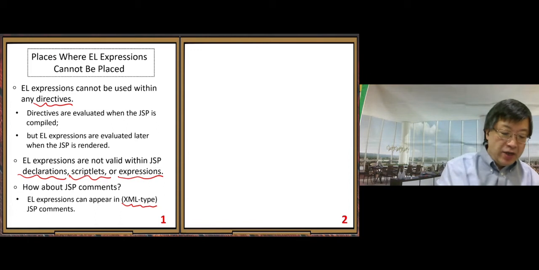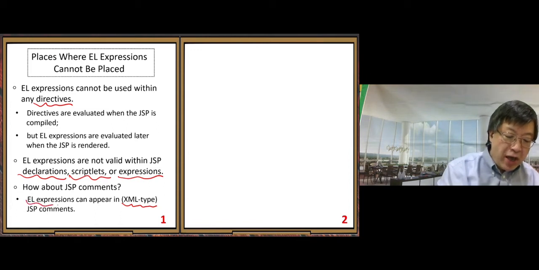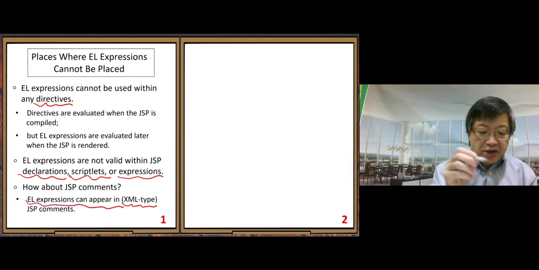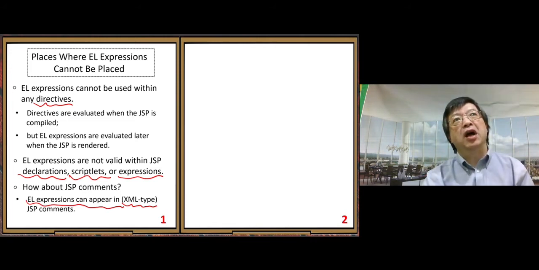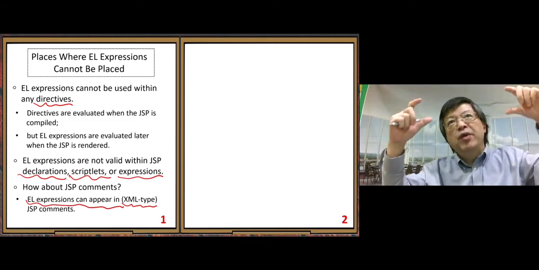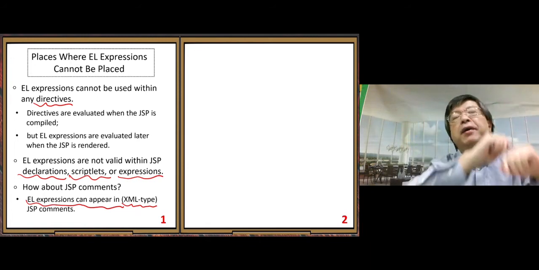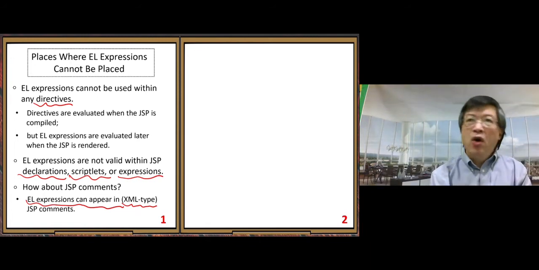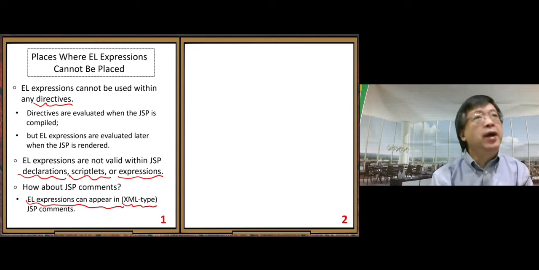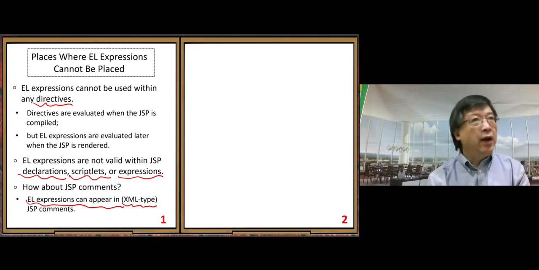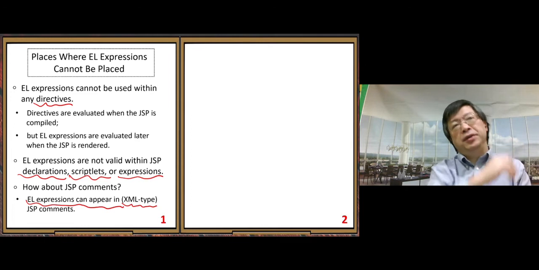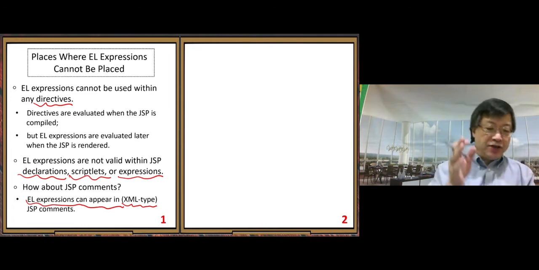So EL expressions can appear in XML type JSP comments. In that comment, we want to put some dynamic data, not static. Static, we don't need to use EL, but you may want to put some dynamic data, right? So you can do it. All right, so that's this topic.